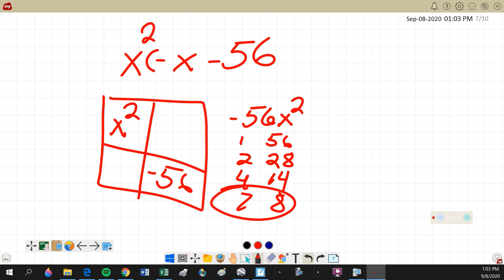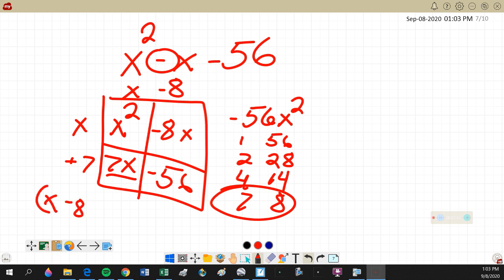And I need to create a negative 1, which means negative 8x and 7x. What does the top row share? X. And if I take an x out, then I get x minus 8. And if I take an x out of this, I get plus 7. X minus 8 times x plus 7.